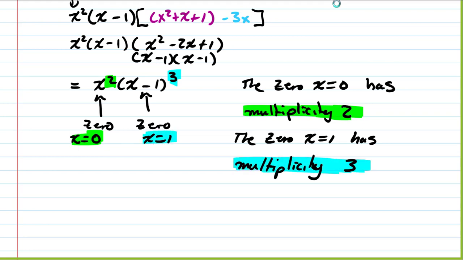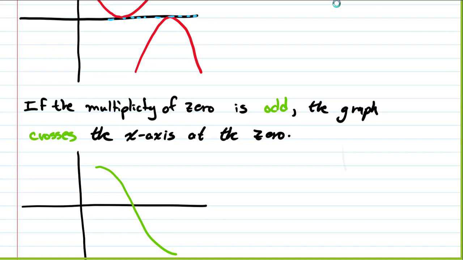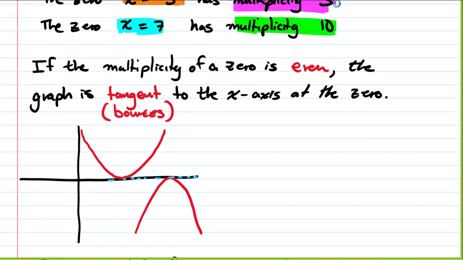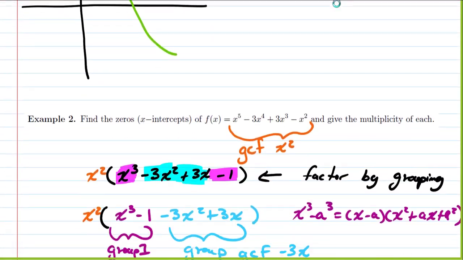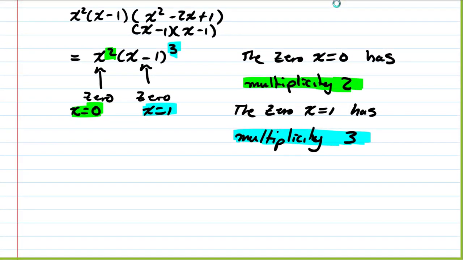So then what does that tell us? Well, based on what we just talked about in the previous examples, if our multiplicity is even, the graph is going to bounce off that 0. And if the multiplicity is odd, it's going to pass through.